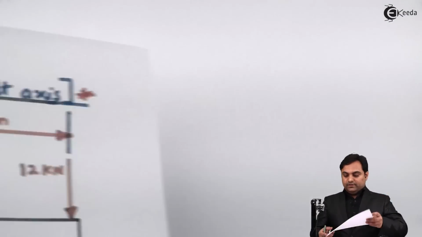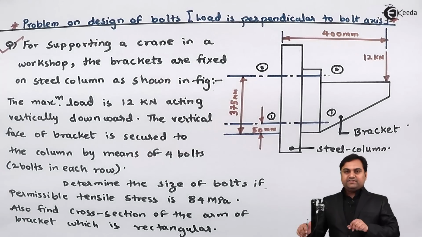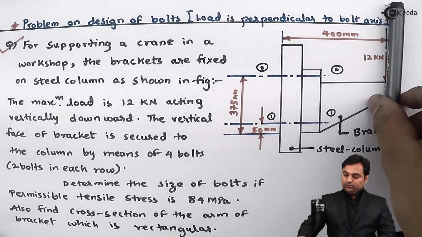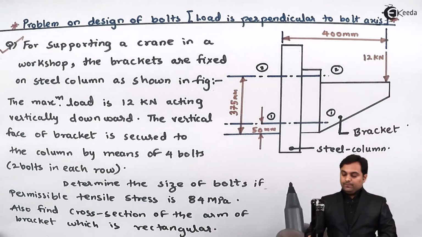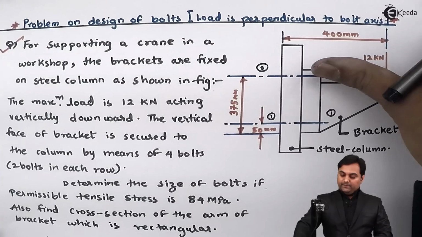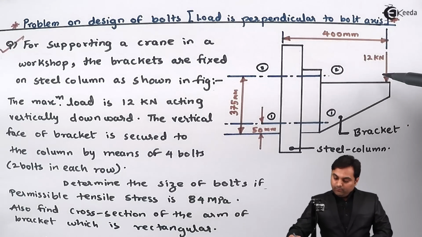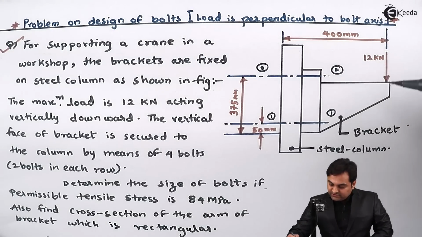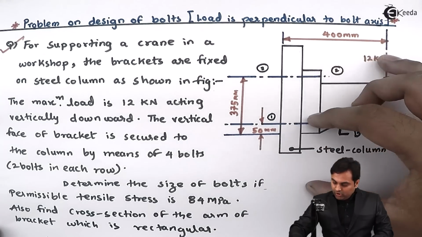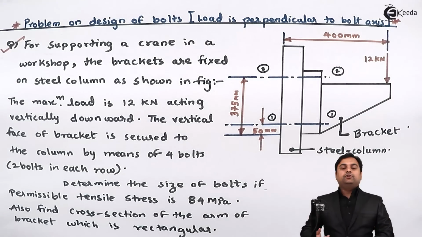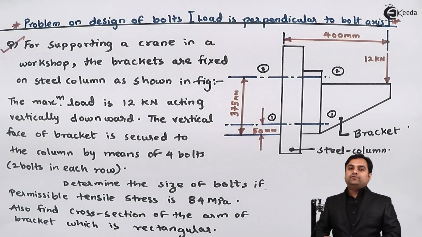Now in solution part, if we can see, when the load is acting, load is perpendicular to the axis of the bolt. Now in this case, when the bracket would be moved down, that is when the load acts, there are chances of this bracket to slide down, and when it is sliding, all the 4 bolts will get sheared off. So the primary effect is of shear.